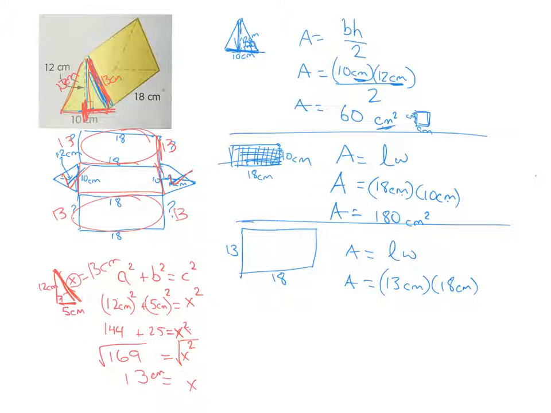Doesn't matter what order I put those in. And all together, 13 times 18. I might have to work this out. So 10 and 3. If you want to use your calculator, you probably could, but you probably don't need it for this one. 10 and 8.